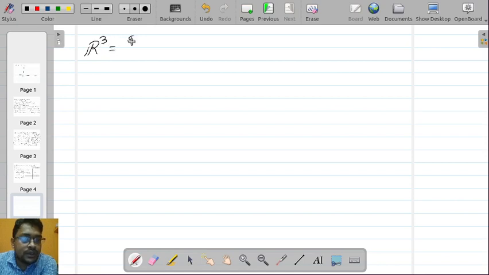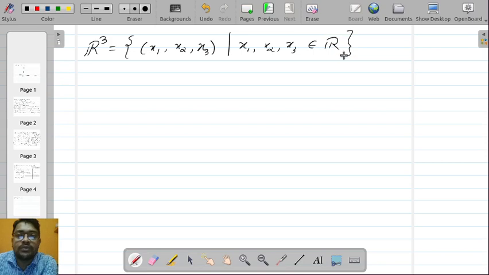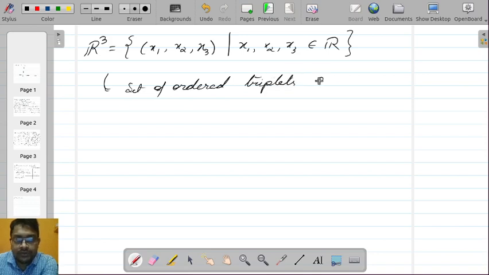Say R3. What is R3? It is the set of x1, x2, x3. So 3 coordinates are there, where x1, x2, x3 are real numbers. So this is called the set of ordered triplets or triples, the triplets of real numbers.